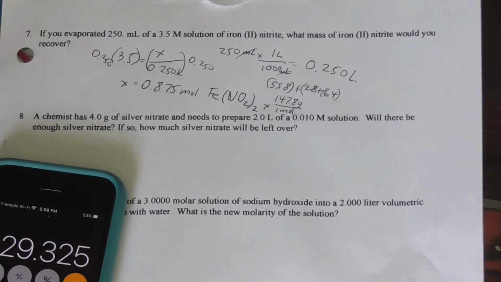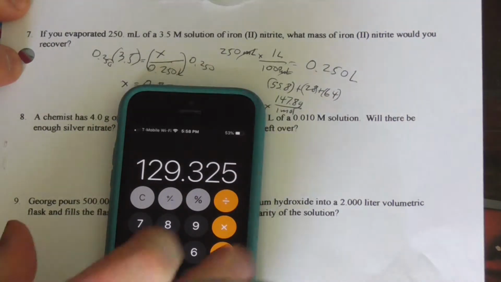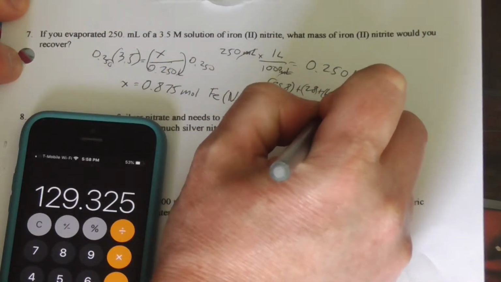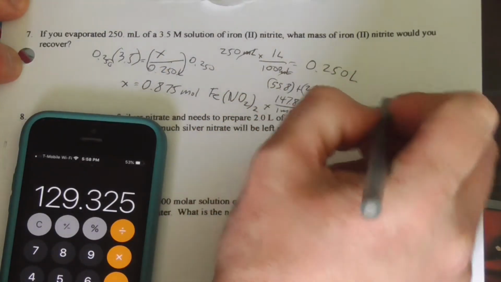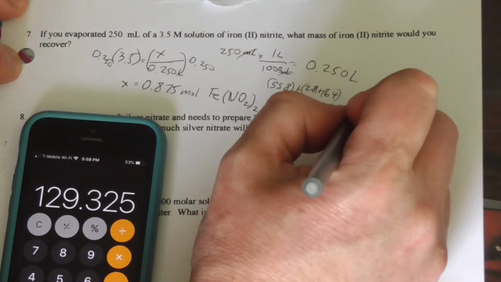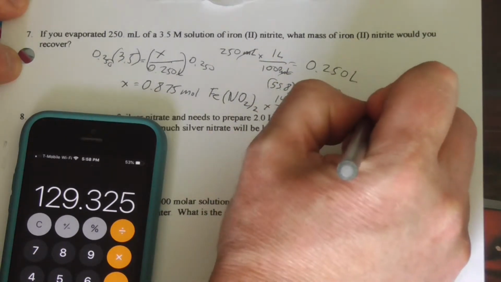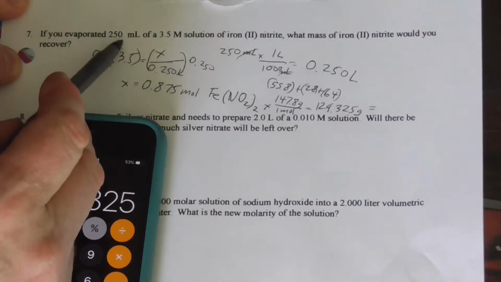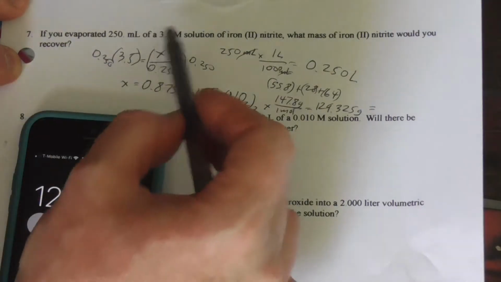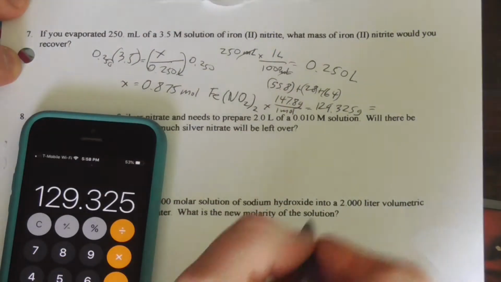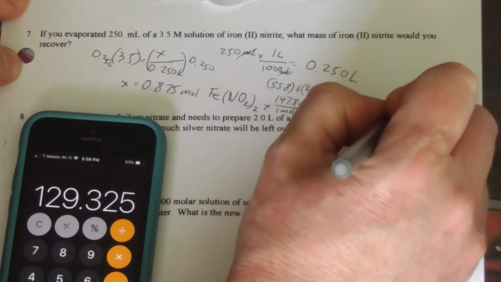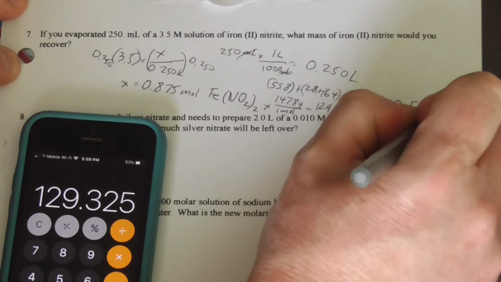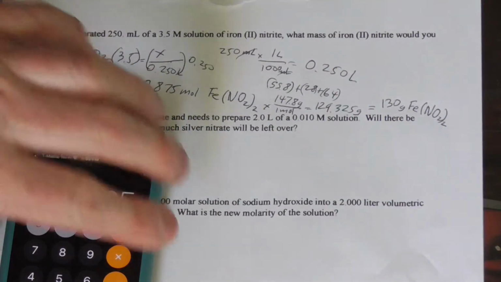So the only thing, if I did get 157.325, I have far too many significant digits, which that would be in grams, but I need to convert this to the proper number of significant digits, which is 2. Actually, in this case it has 3 significant digits. This case it has 2. I have to do it to 2, so that would be 160 grams of iron 2 nitrate.